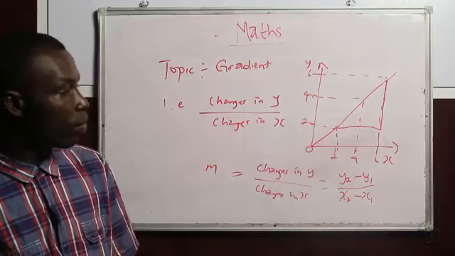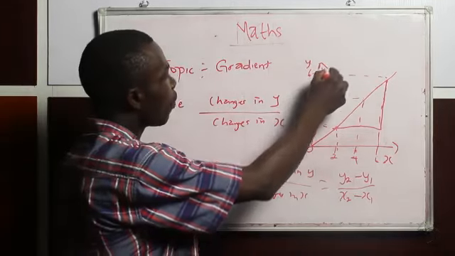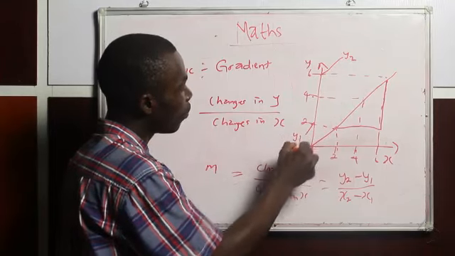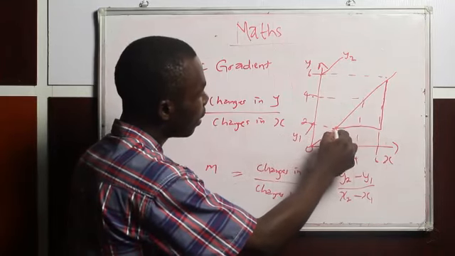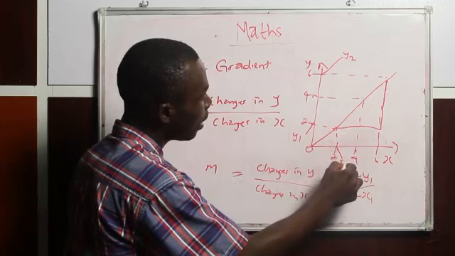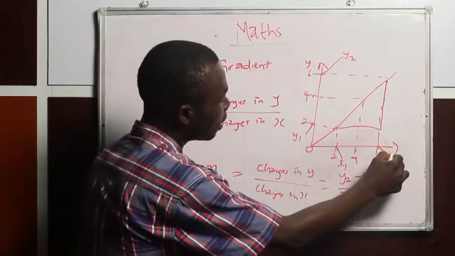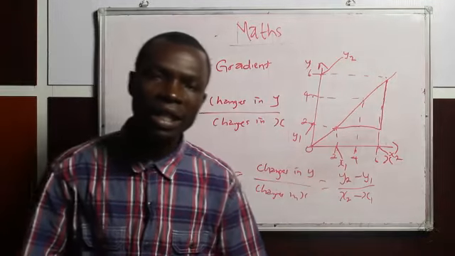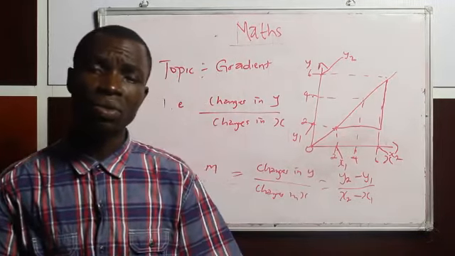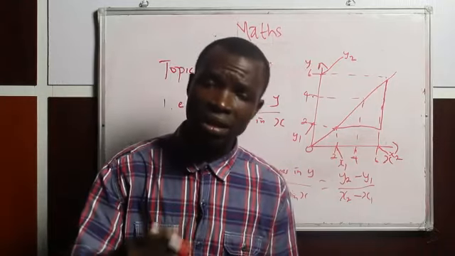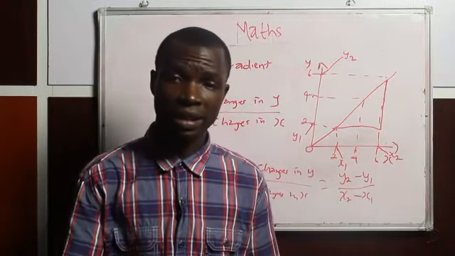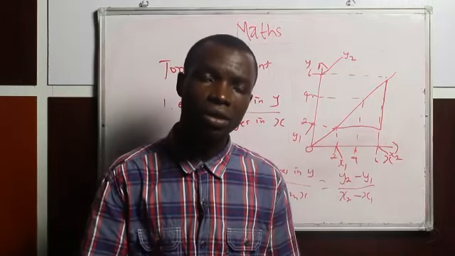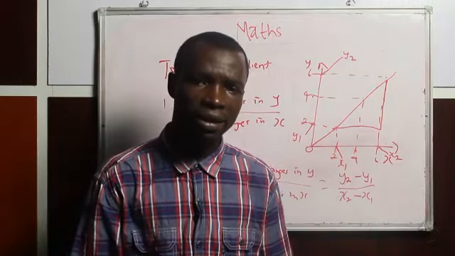Where is our y2? This is our y2. This is our y1. This is our x1, and this is our x2. So, finding gradient from our definition, which we said is changes in vertical movement with horizontal, either increase or decrease.